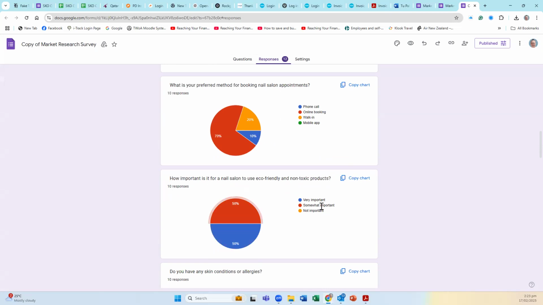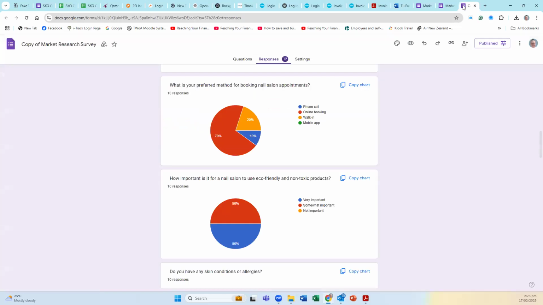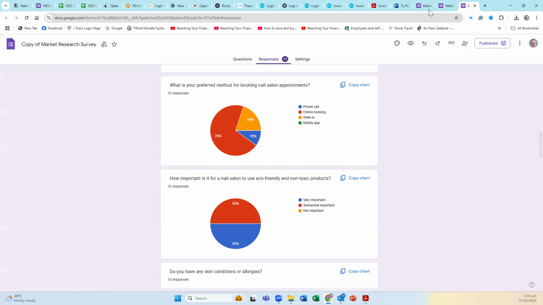So again, we'll just say 50% of respondents said it was somewhat important, and 50% said it was very important to use eco-friendly, non-toxic products.